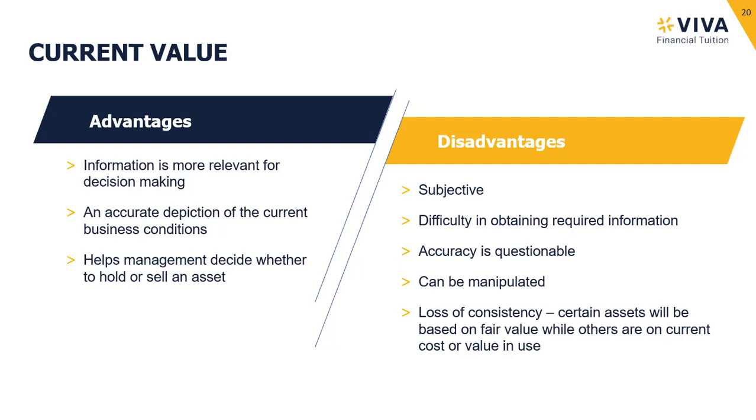Another disadvantage of current value in the right hand corner there is, well, there's a potential for inconsistency, isn't there? If you are valuing certain assets at current value and others at cost or value in use or whatever, a different measurement base, there's going to be a potential lack of consistency.